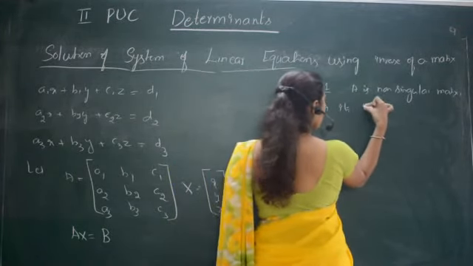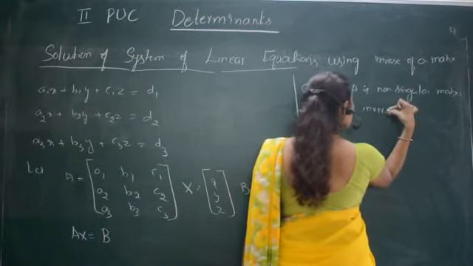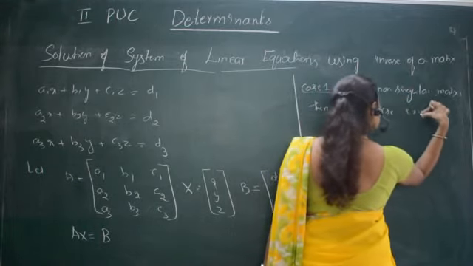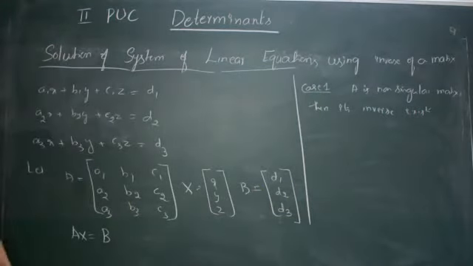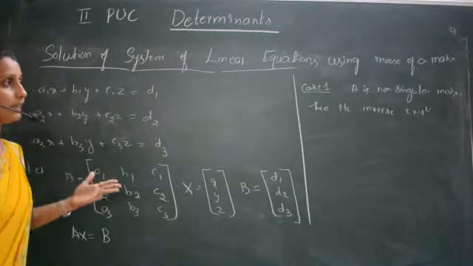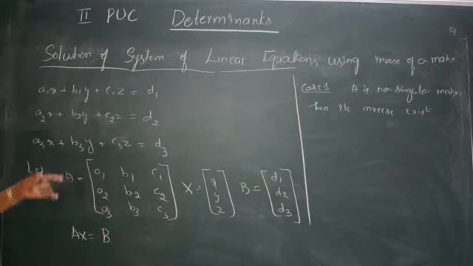That we have studied already. If the determinant of A is not equal to 0, then the inverse exists. So if it is non-singular, then the inverse exists. That we can see now.